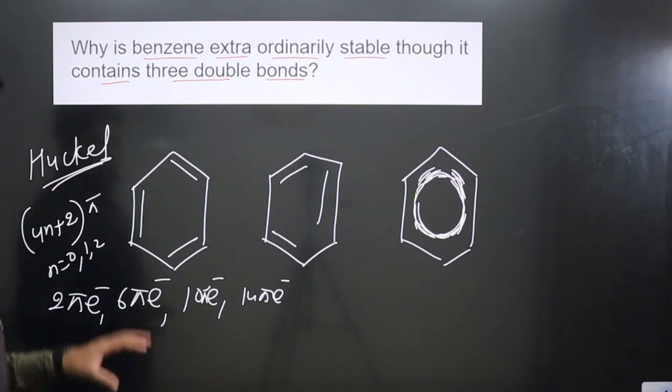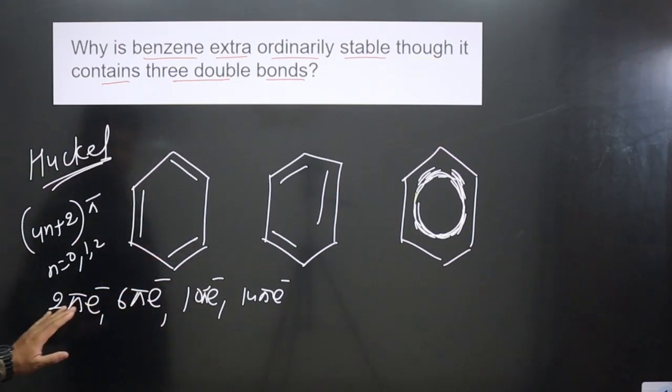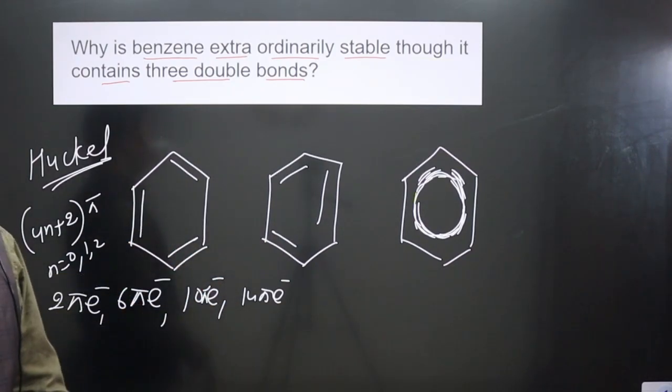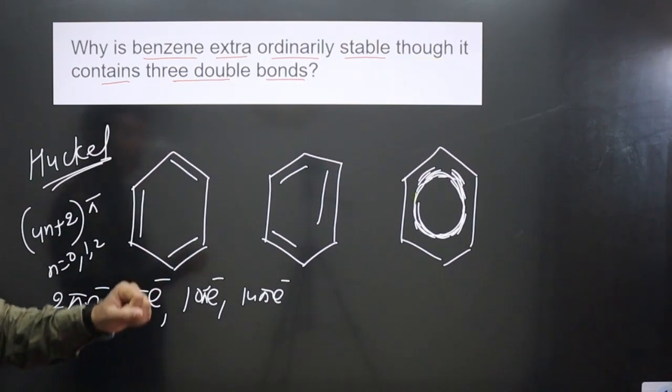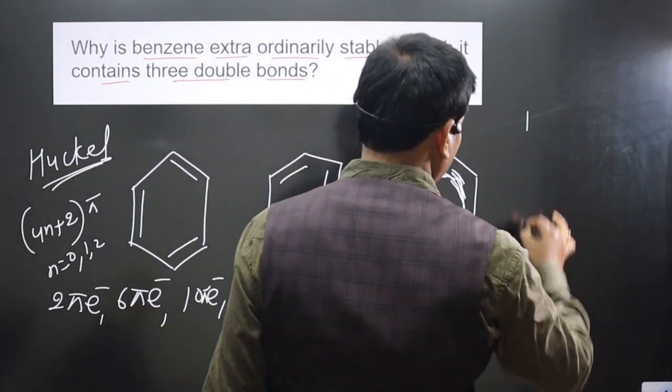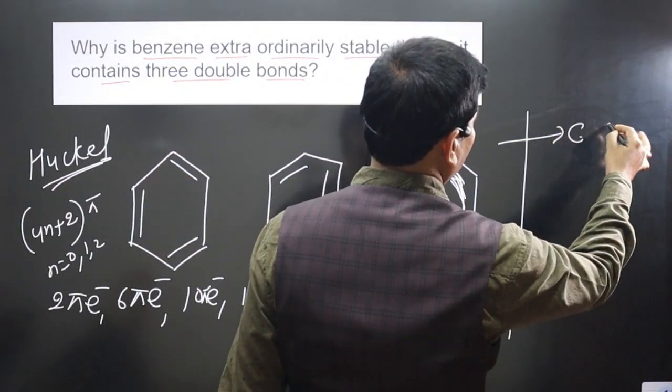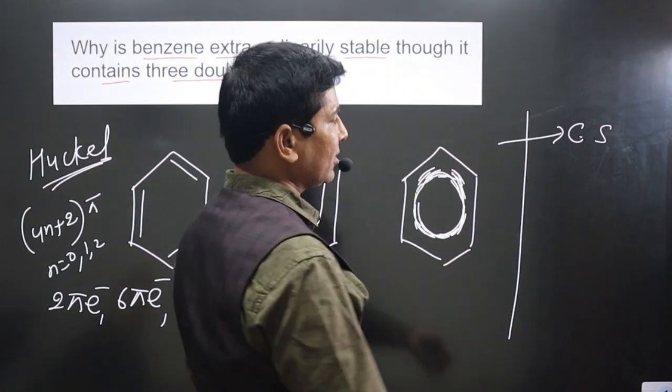Okay, so any system in which these pi electrons are present, and each carbon has planar geometry, and it has conjugated system, then it will have aromatic characters. What are the conditions? This guy says that conjugated system should be there. Conjugated system, benzene has conjugated system.